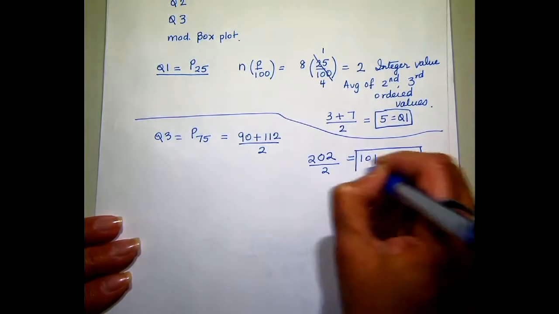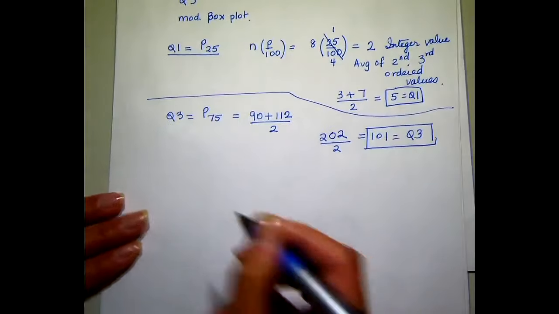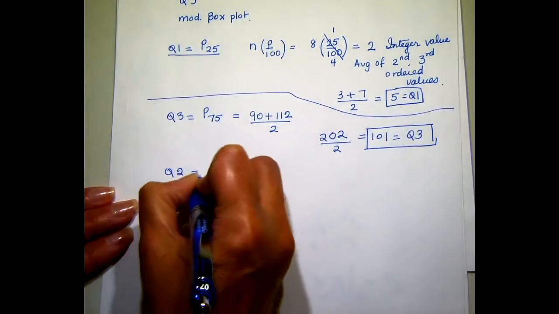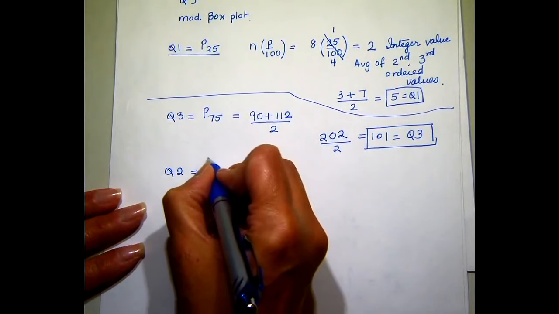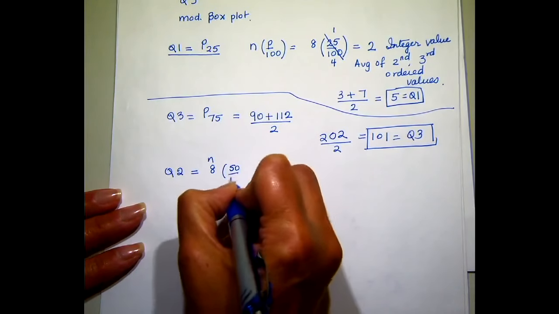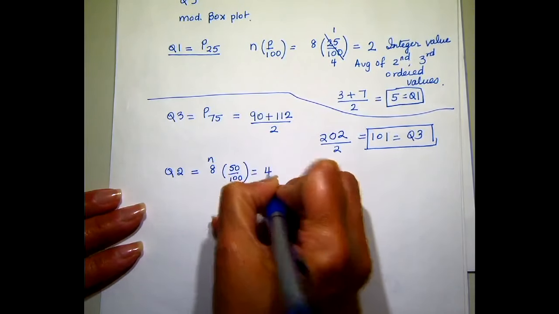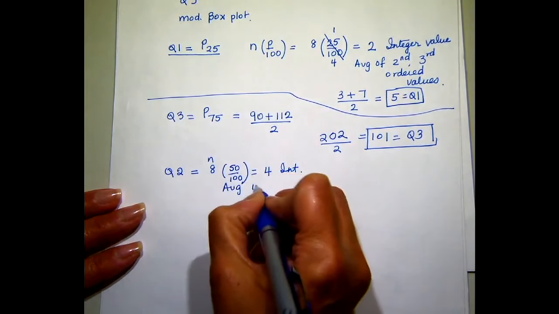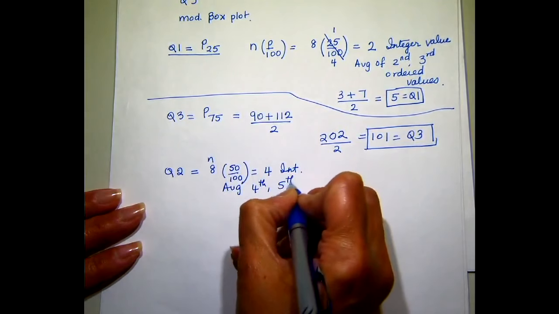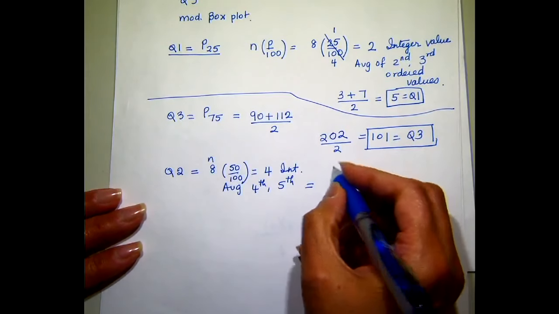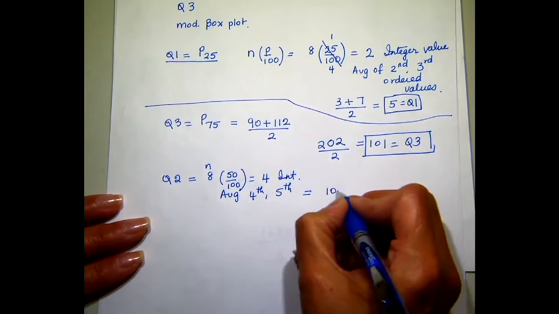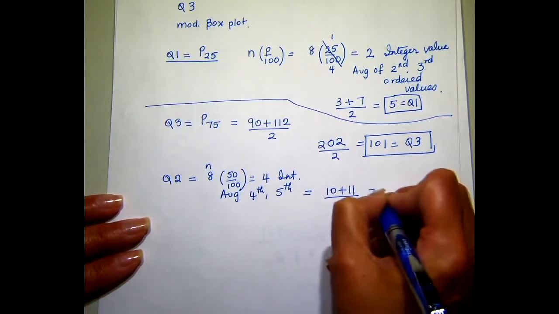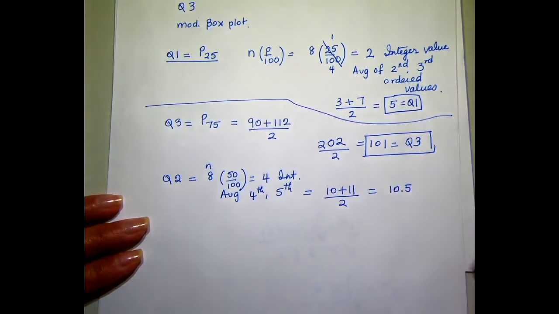Q2 is equal to n times 50 over 100, which is 4. That's an integer, so take the average of the fourth and fifth ordered values. So that would be the average of 10 and 11, which would be 10.5.